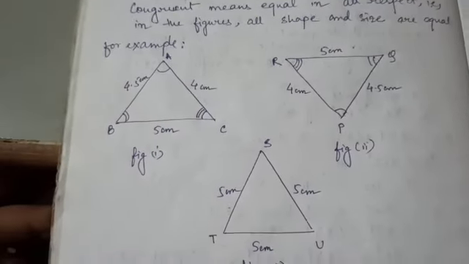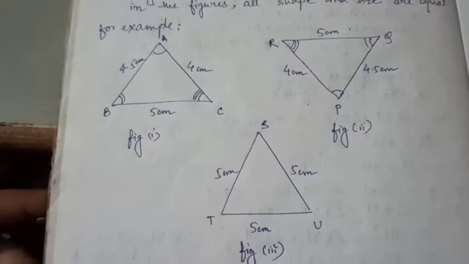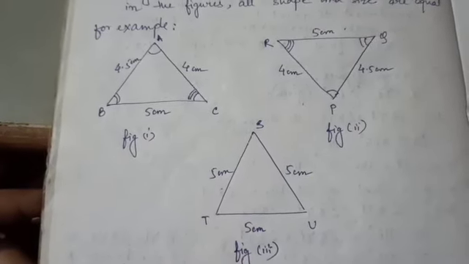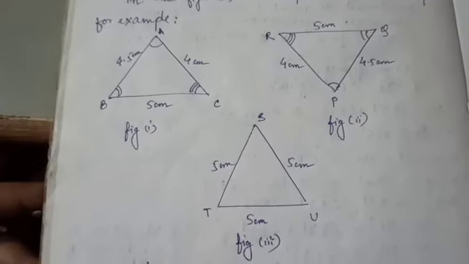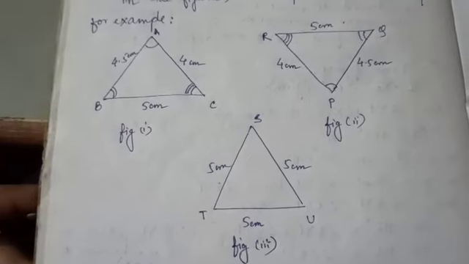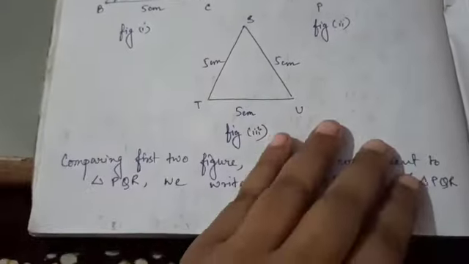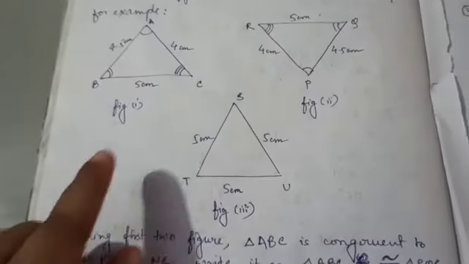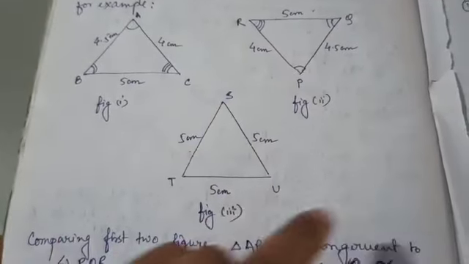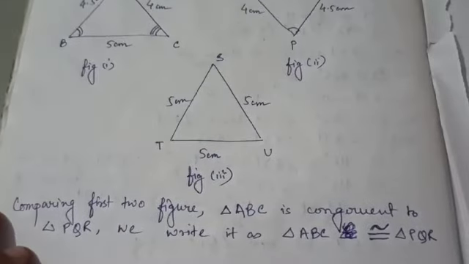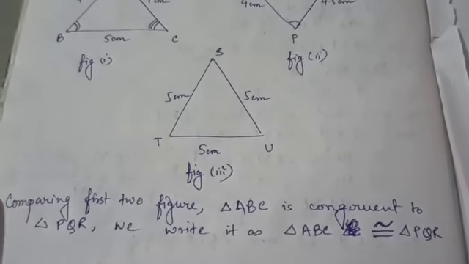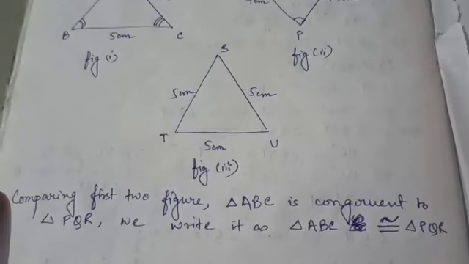For example, I have considered three triangles, ABC and PQR and STU. Three different kinds of triangles. Okay. Now, comparing the first two, that means figure 1 and figure 2, triangle ABC is congruent to triangle PQR.